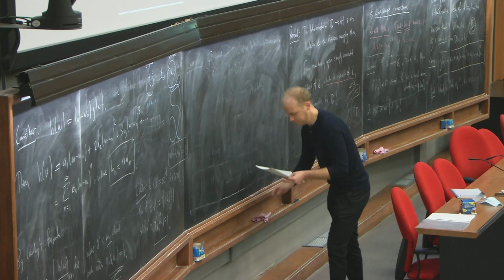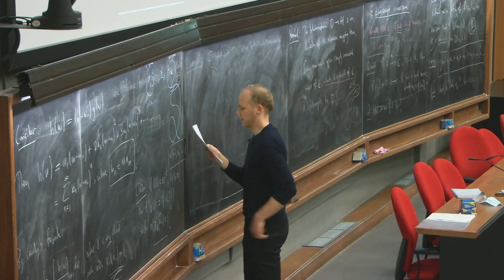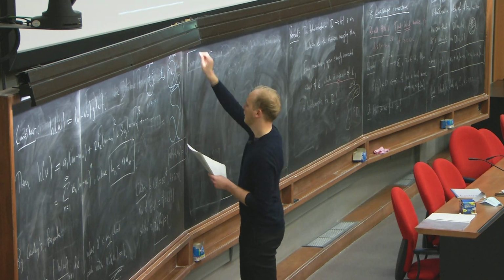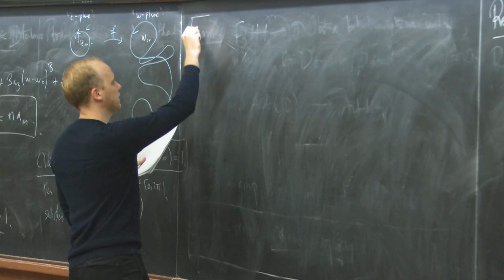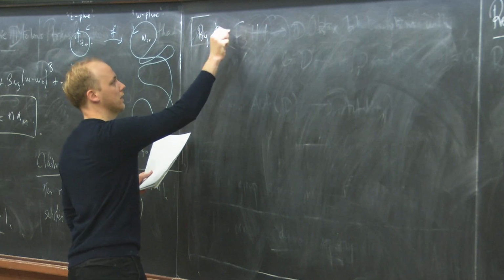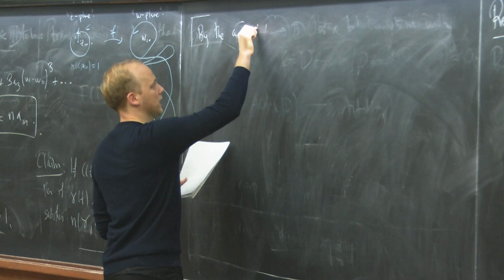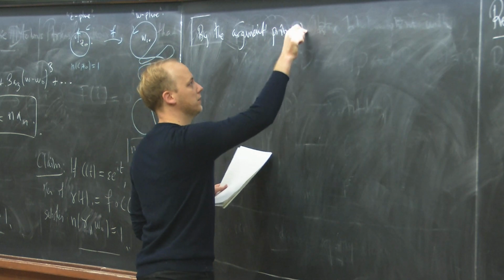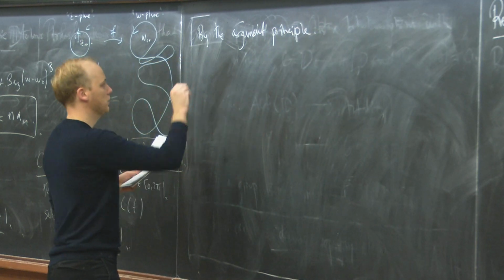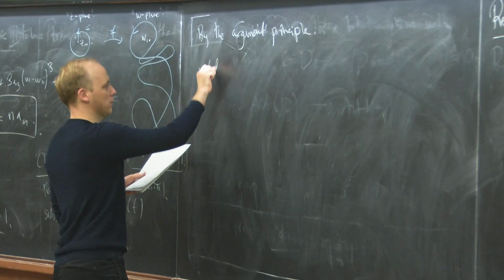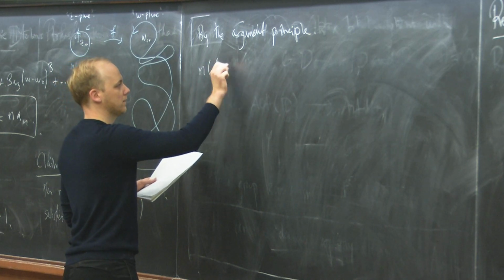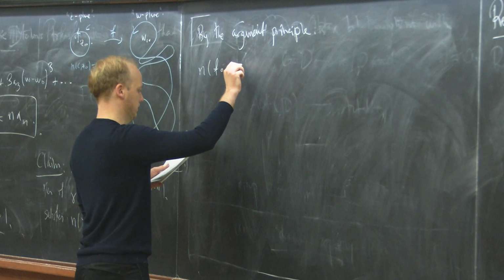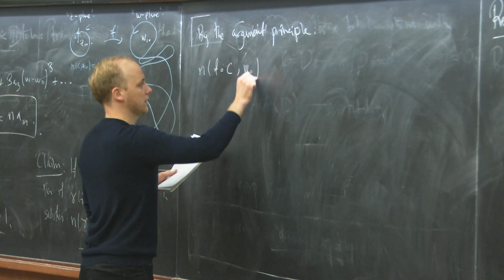How can we see this? So the reason for this would then be that, I will just write a few lines to give you an idea here of why this is true. But by the argument principle, the winding number of this gamma, which was F composed with C, around W0.